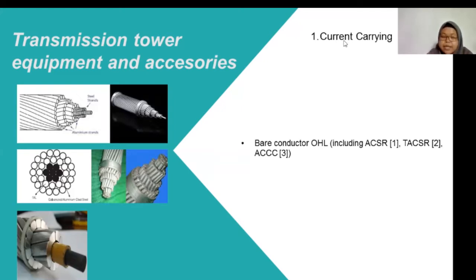The equipment that includes current carrying function is bare conductor. This includes ACSR, TACSR, and also ACCC conductor.